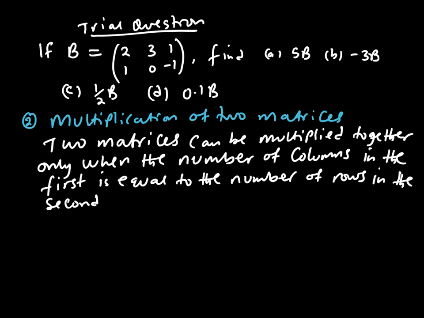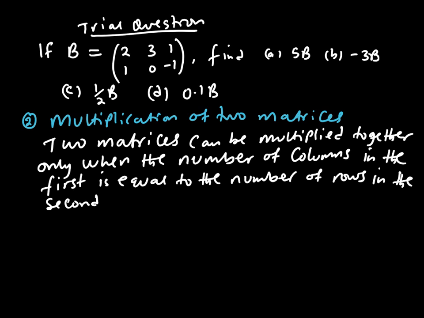Look at the number of columns in the first matrix and compare with the number of rows in the second matrix. If the two are equal, then you can multiply those two matrices. This is what we call the compatibility test of matrix multiplication.